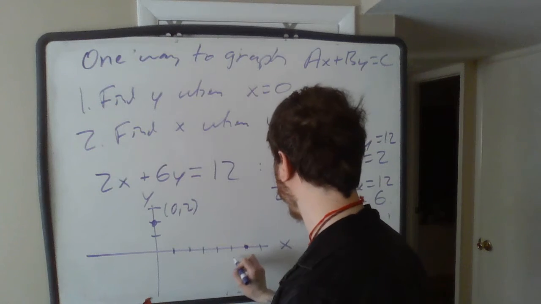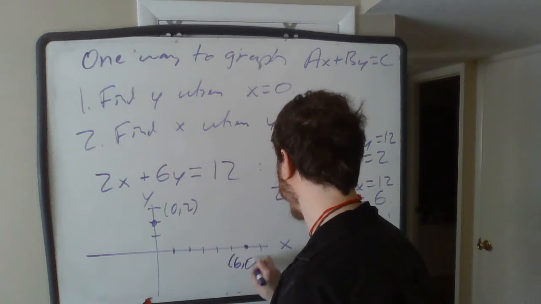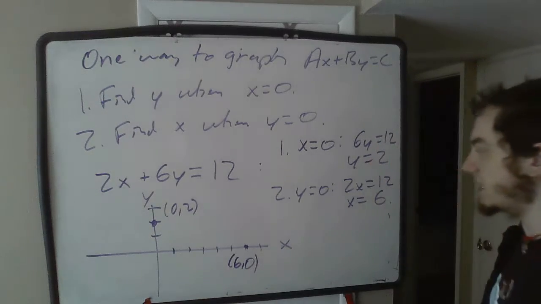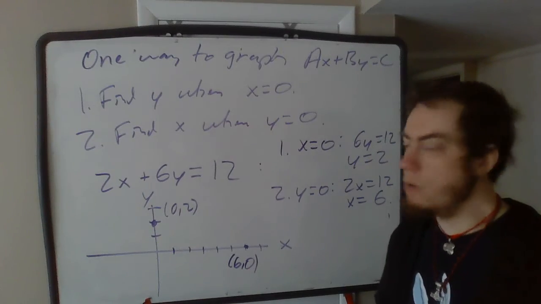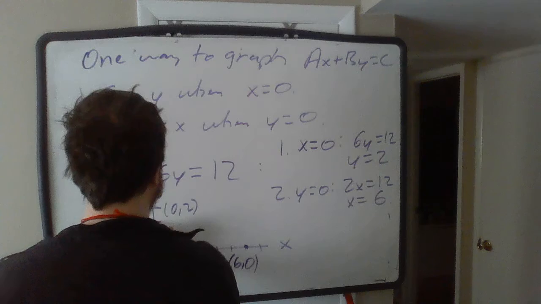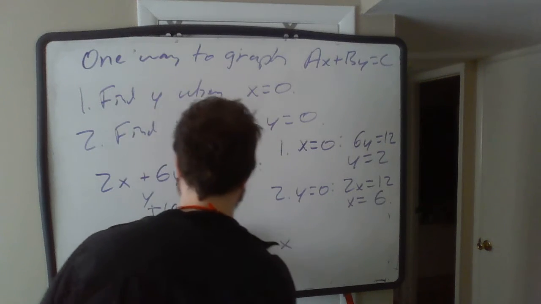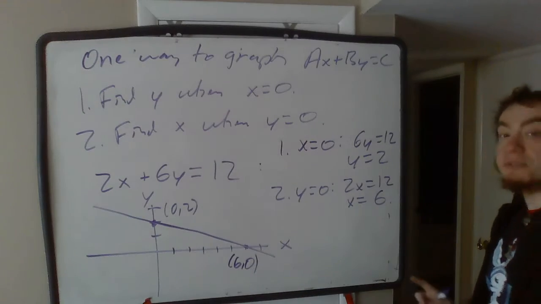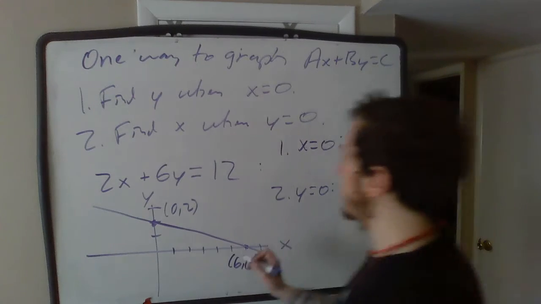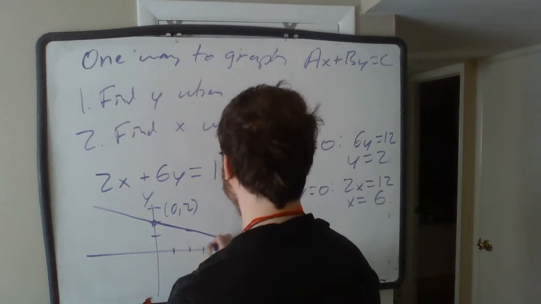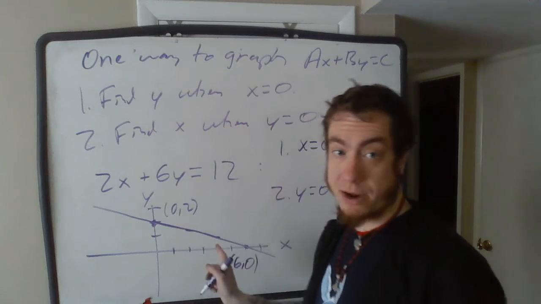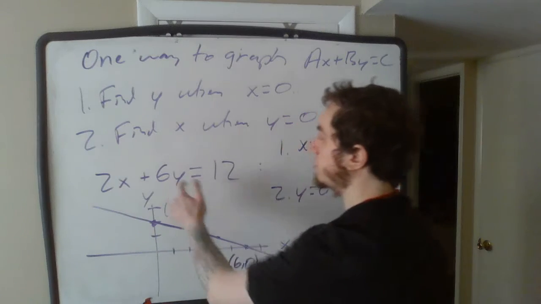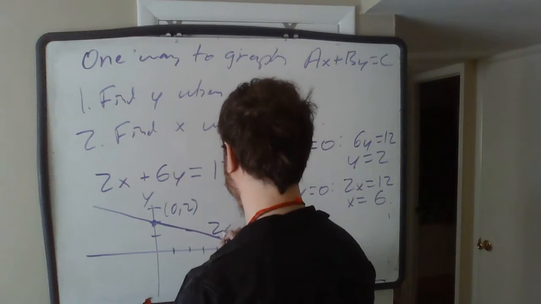We're going to go through the point (6, 0), because when y is equal to 0, x is equal to 6. And then all I have to do is connect up these points with a straight line. And this gives me a graph of this original equation. Any points on this line are going to be exactly those points whose coordinates are solutions to this equation.